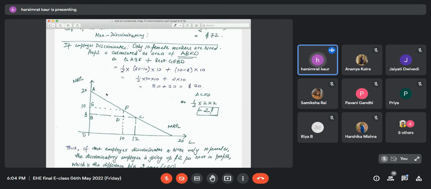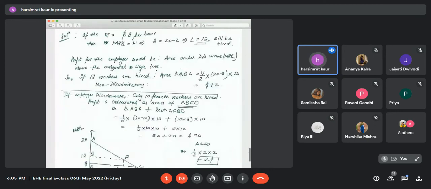So the area is AFDB, which is the triangle AGF plus the rectangle GFBD. Substituting the values: triangle is half into 20 minus 10 into 10, plus rectangle, length into breadth, 10 minus 8 into 10. It comes out to be $70.